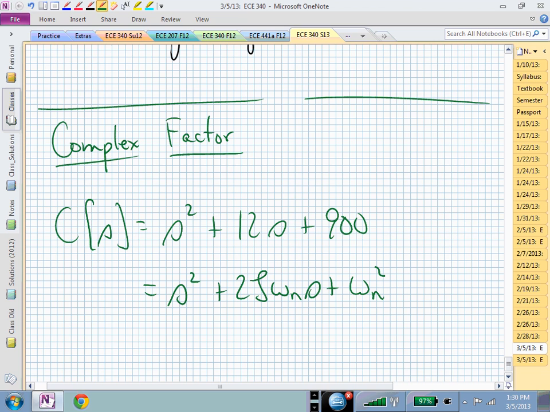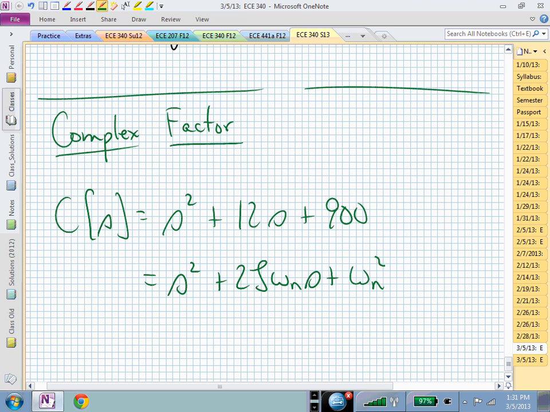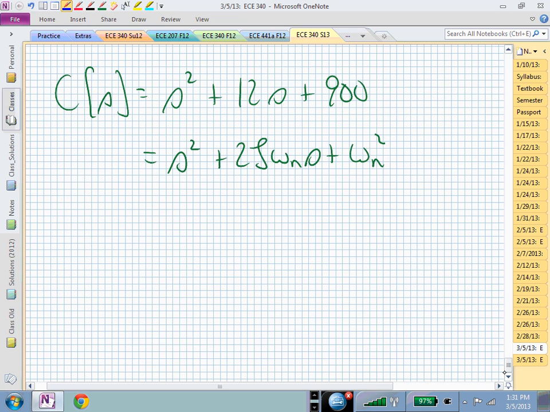So don't forget what you probably learned many, many years ago, maybe in preschool, your quadratic formula. I'm not sure where you learn these things anymore.